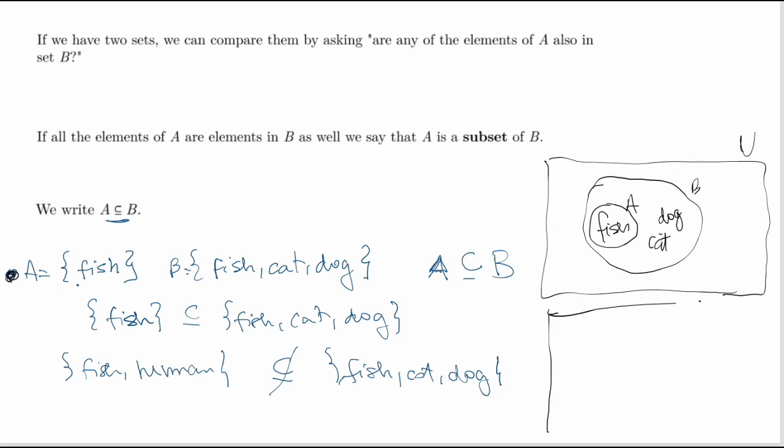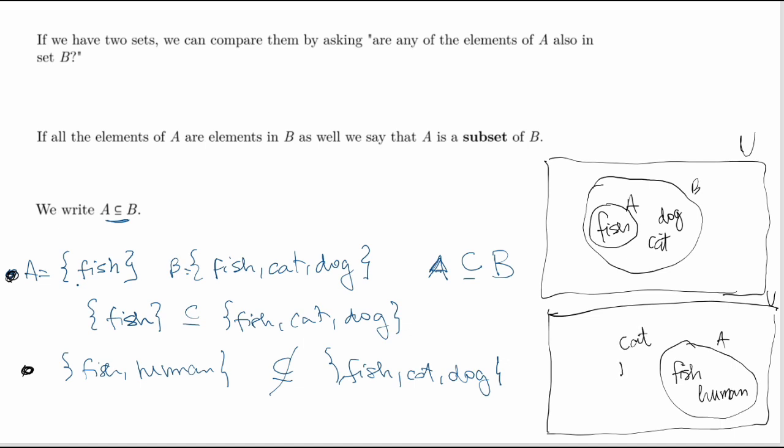Now let's do the second example. So inside our universal set, I will draw first, in this example, fish and human as set A. So set A contains fish and human, and set B contains fish, cat, and dog.